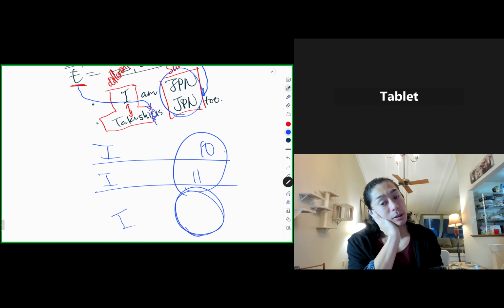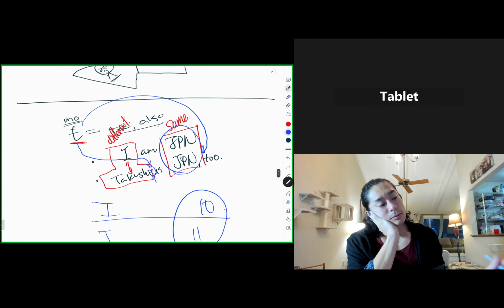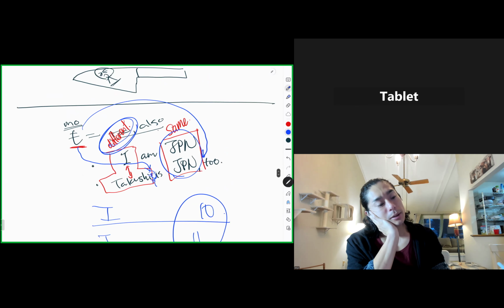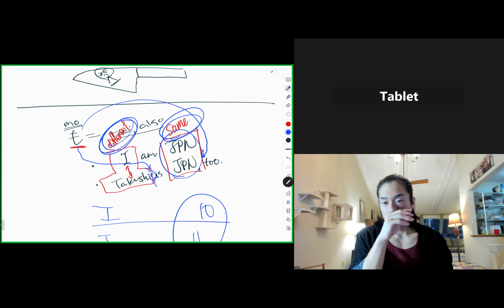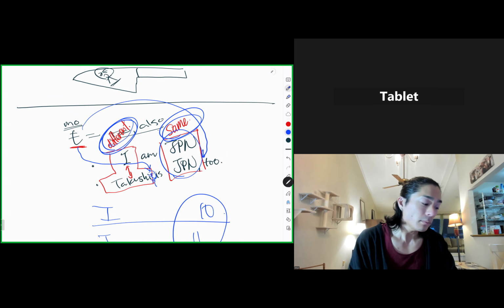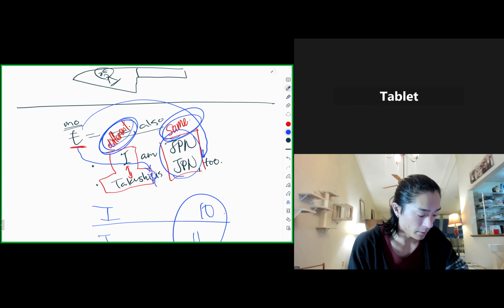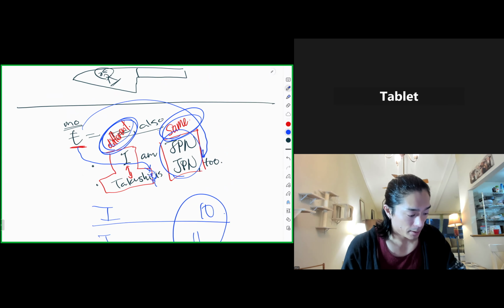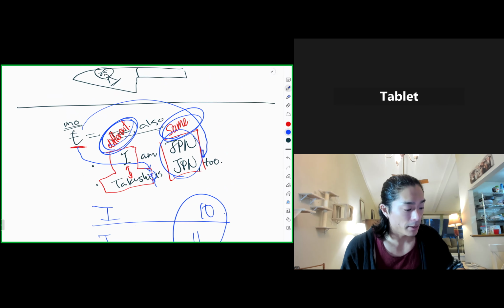TV and phone is the contrasting info. So after phone is where we put mo. So just remember, first be able to analyze which info is the same and which is different, and put mo after the different one. Pretty simple if you remember this step.